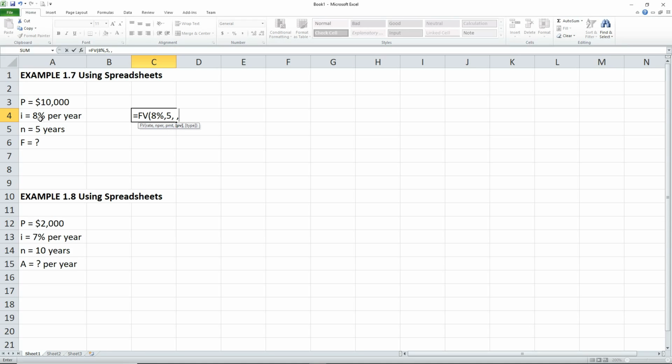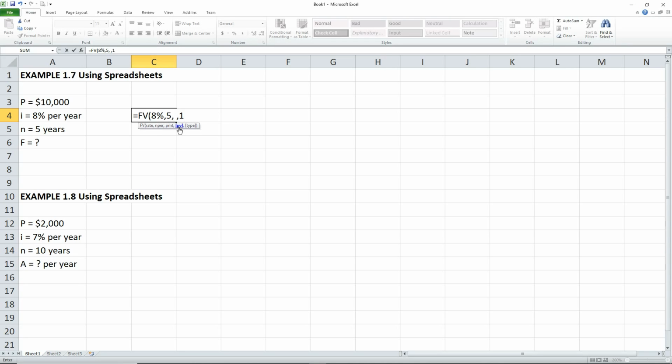This one, we do have it, it's a 10,000. If you do not put the comma and you put the next parameter right away, it's going to think that it's the payment. So that's why you need to leave the space and put a comma so that it jumps to the next one. For the present value, we have 10,000.